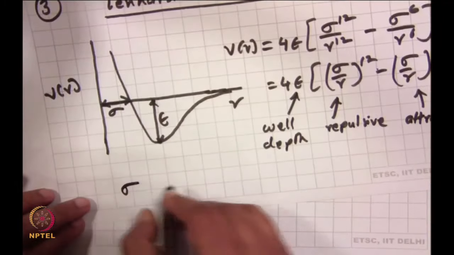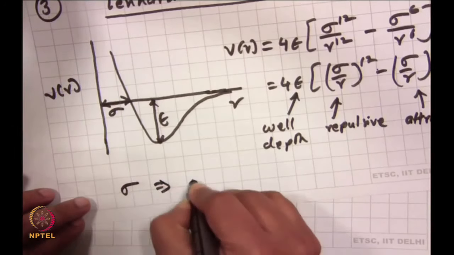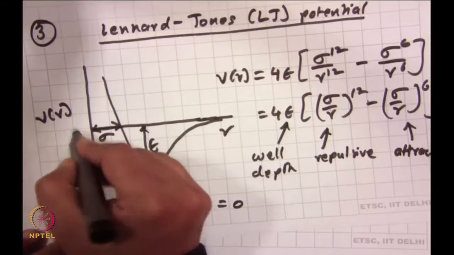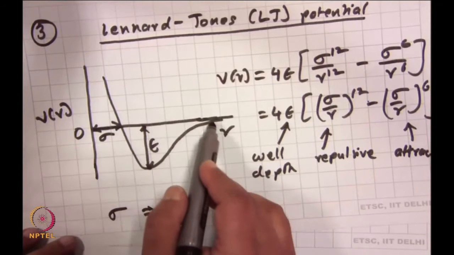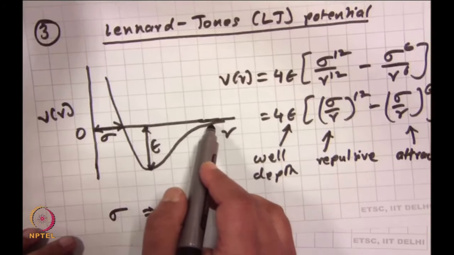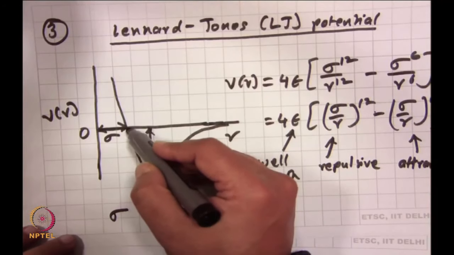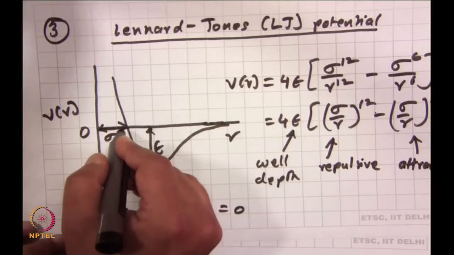Now, what is sigma? Sigma is that distance, you see this distance sigma, where V of r is equal to 0. So, look at this is my 0 line, V of r is equal to 0, my x axis essentially. So, when this V of r crosses this line, it goes to 0, and that is the distance which is essentially your sigma, okay, that is how sigma is defined.